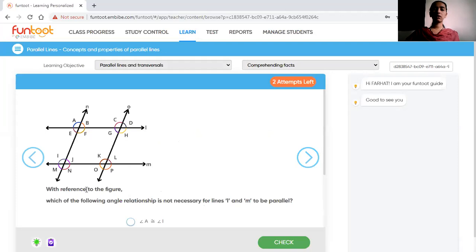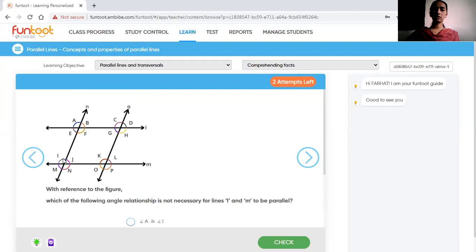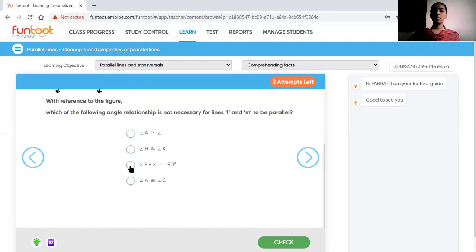Now see, with reference to the figure, which of the following angle relationships is not necessary for line L, this line is L, and M to be parallel. Okay, now A congruent to I. Where is A? Yes, students, see, this is A and this is I. We have to check which relationship is not necessary for finding both lines are parallel.